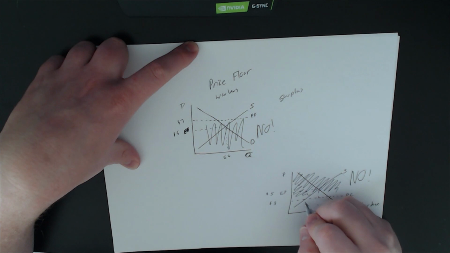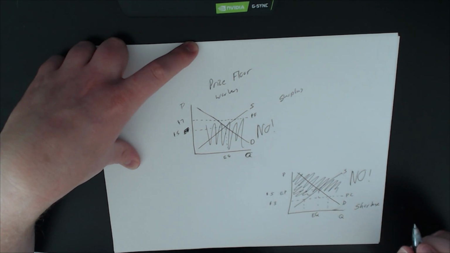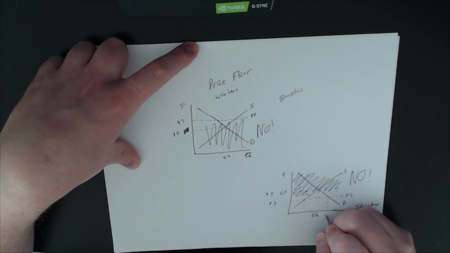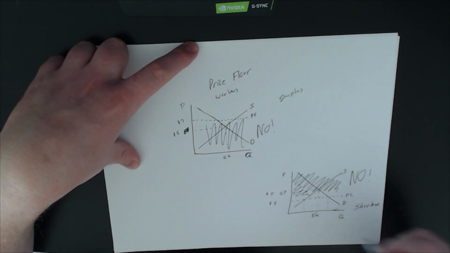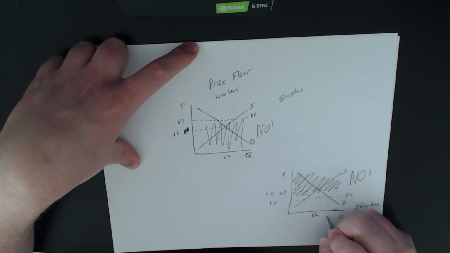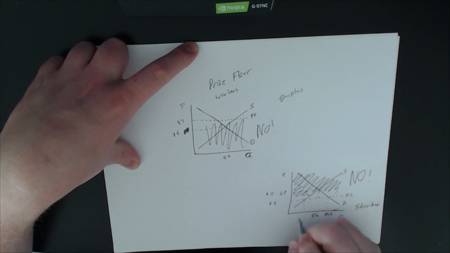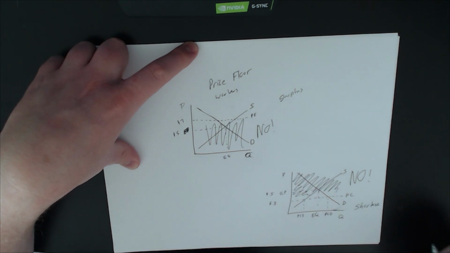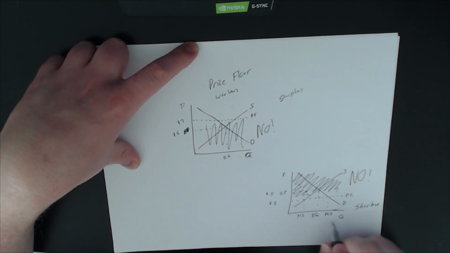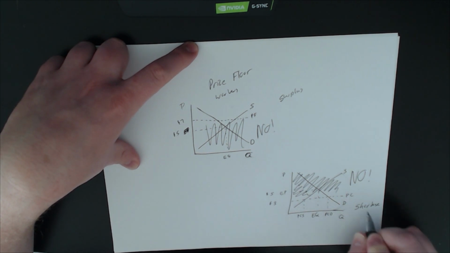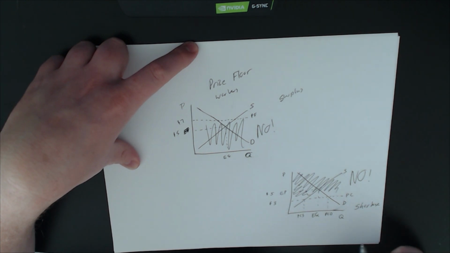A way to make this a little bit easier to read is you can do this if you wanted to. This helps. Let's just say PCD for price control demand, price control supply. So if demand is greater than supply, you have a shortage. There you go.